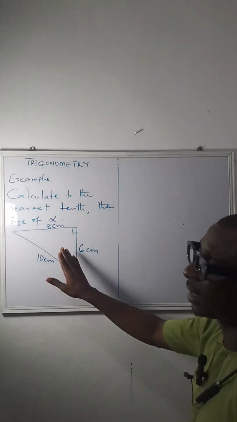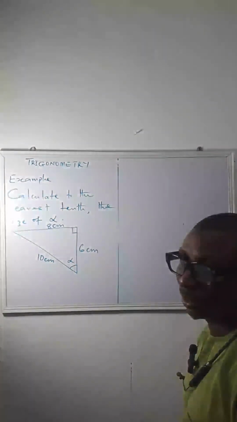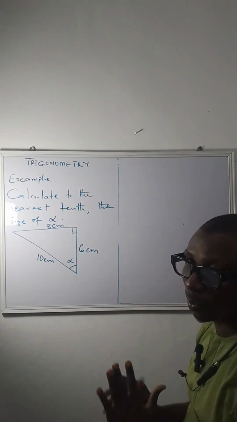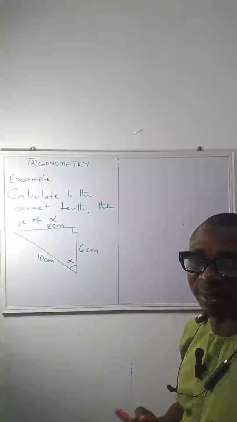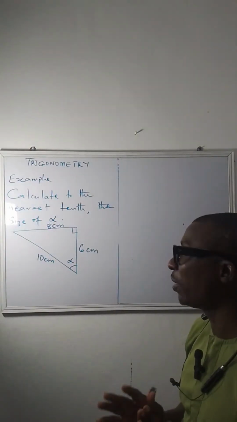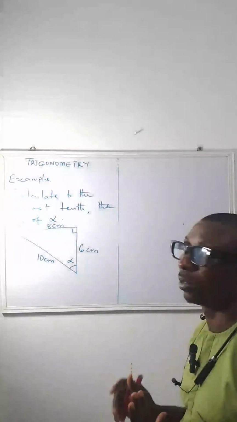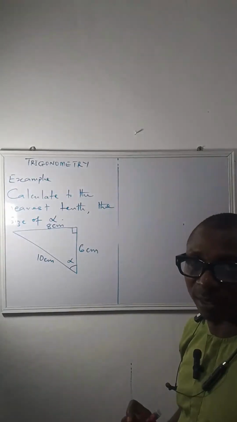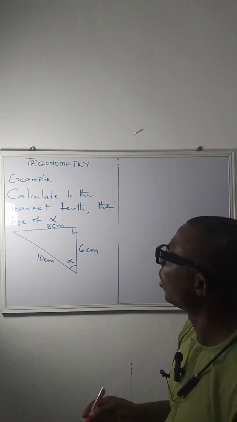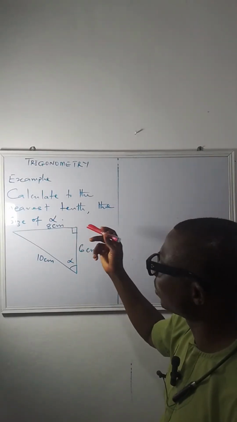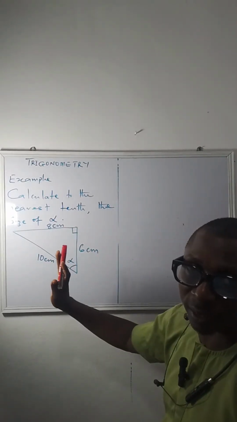This is a right angle triangle, so the first thing you need to do is identify the opposite, the adjacent, and the hypotenuse. Very important. That will help you to use your trigonometrical ratio correctly.